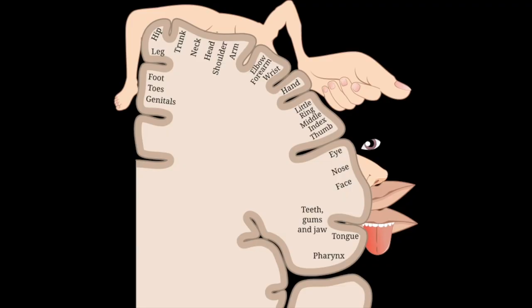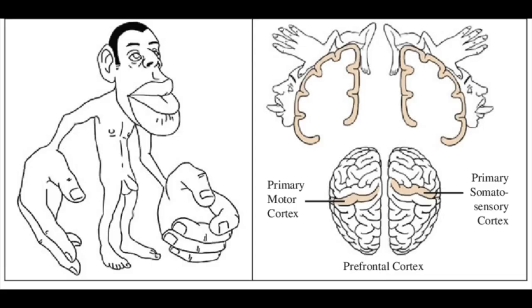The size of each pictorial representation in the homunculus, or the brain map, is dependent upon the amount of motor and sensory stimuli it receives, specific to that part of the anatomy and not according to the body part size itself.